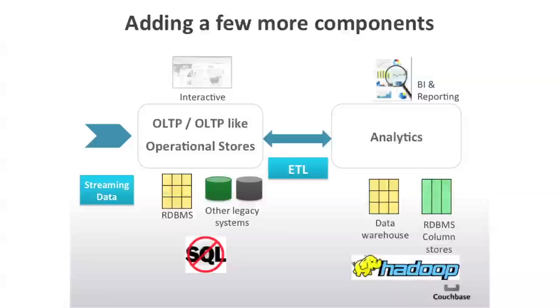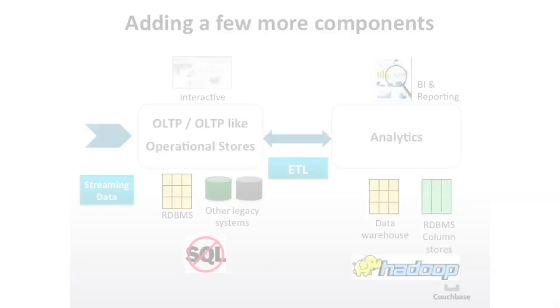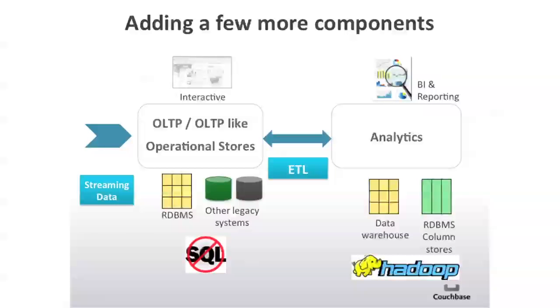The BI and reporting applications were built on top of that. And we had the ETL, the connector between the operational store and the analytical store, which transferred data from the operational store to the analytical store.